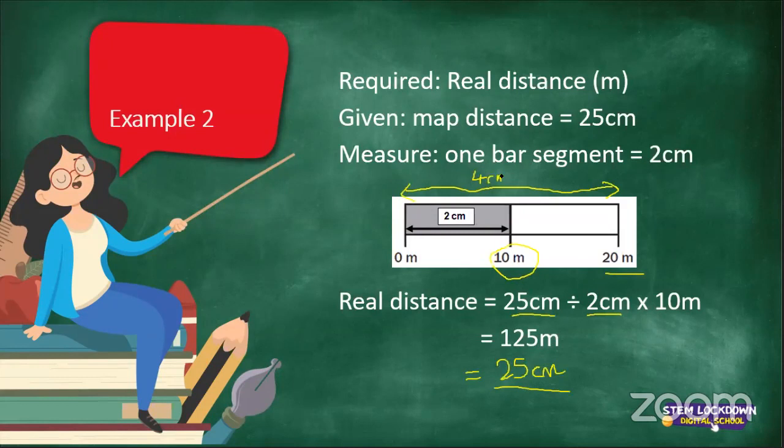So divided by 4 centimeters, times this real length. This length is 20 meters, times 20 meters. Your answer will be 125 meters, right? I think these examples are easy thus far. Let us move on.